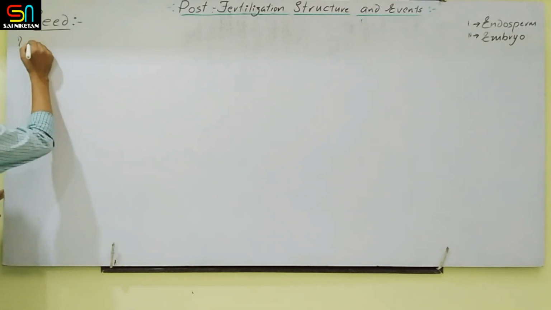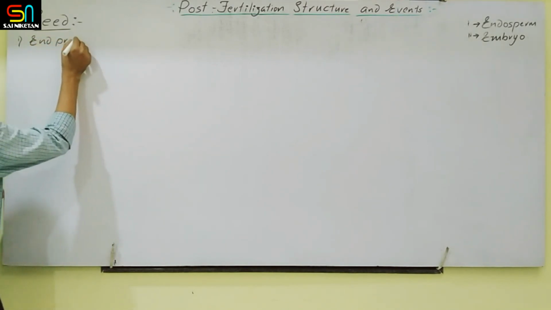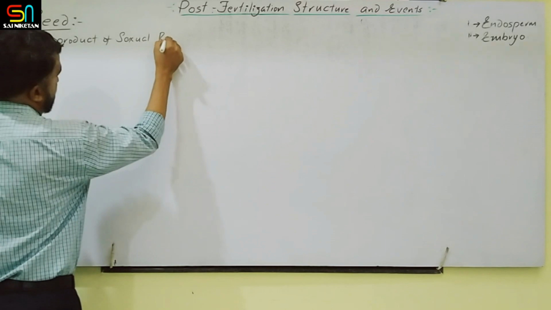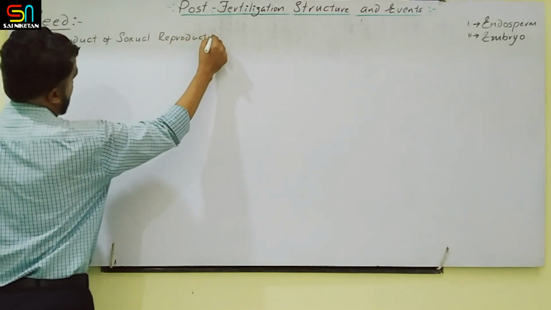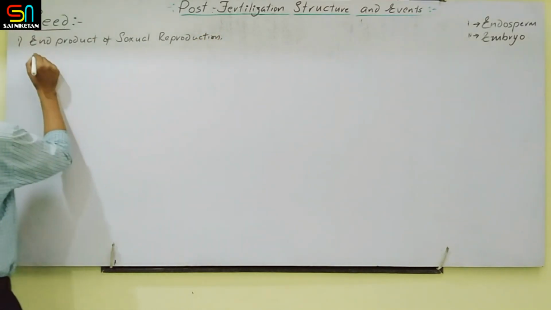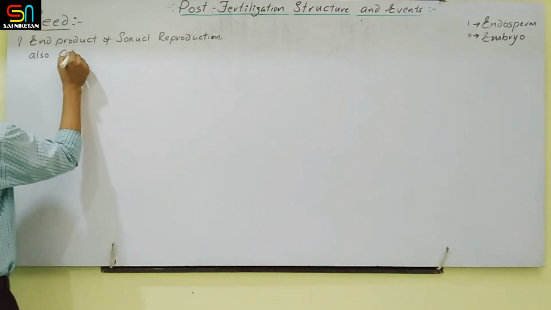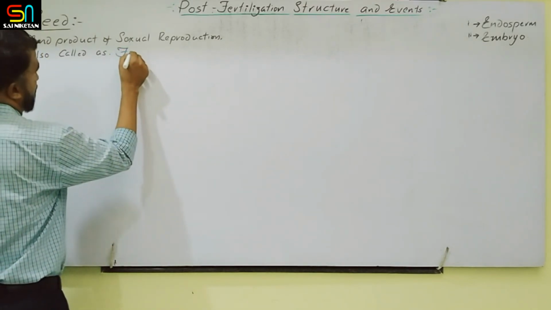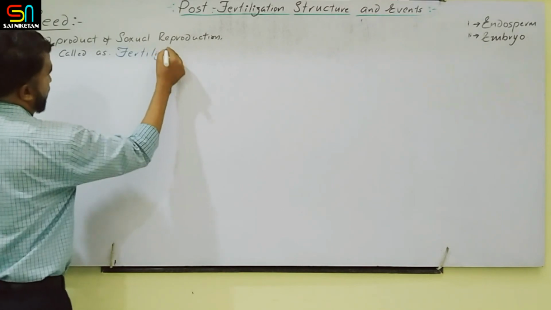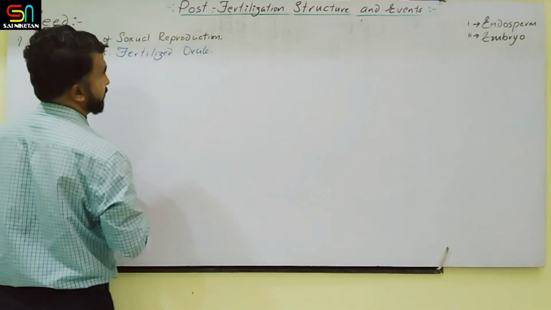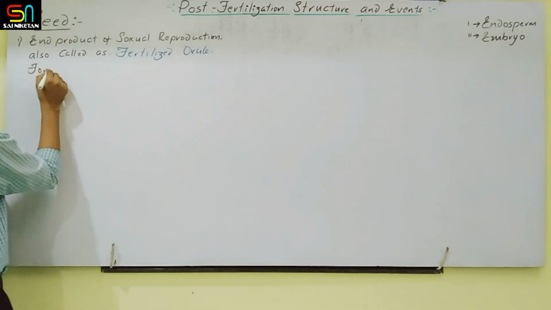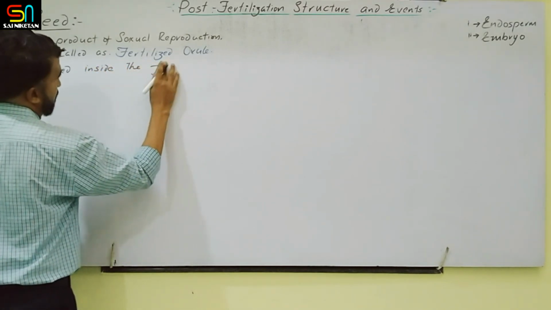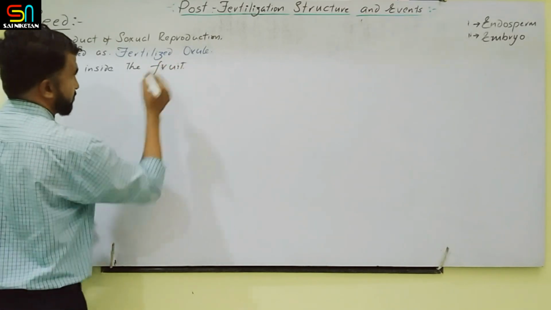Seed is the end product of sexual reproduction, also called a fertilized ovule formed inside the fruit. This is the first point.